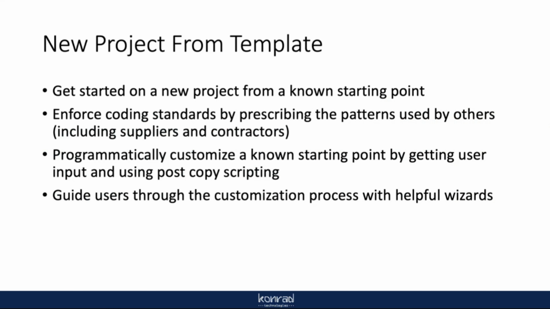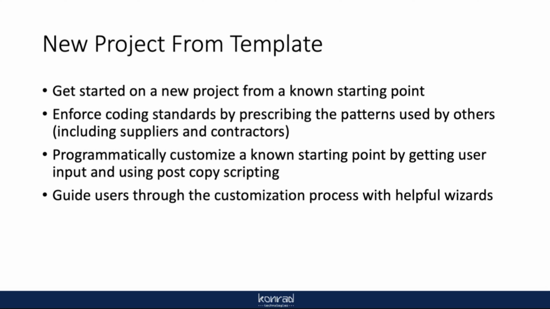So, new projects from templates. We started out talking about merge VIs and the ability to reuse code. New project from template takes that a little bit further. It takes the ability to package a piece of pre-written code that meets some kind of design pattern, or maybe, like I say, a particular coding construct that we use frequently.